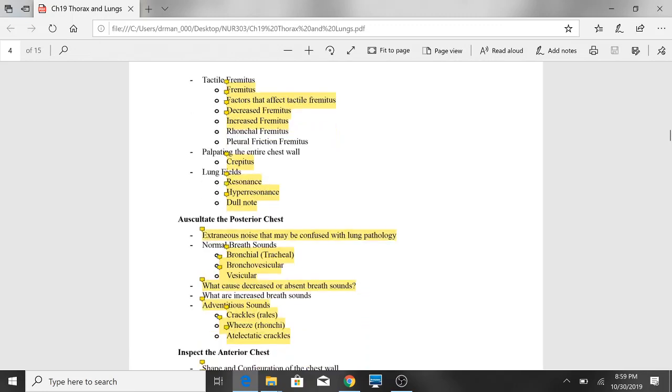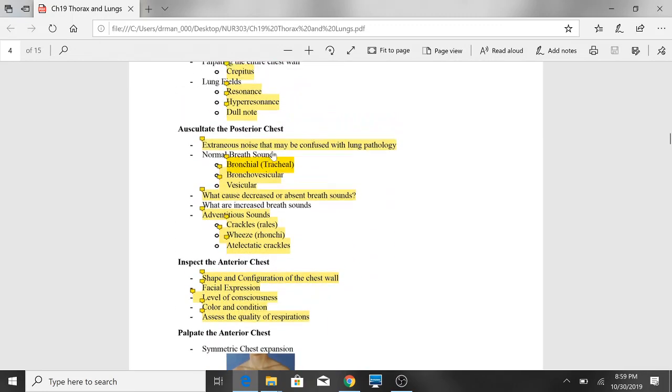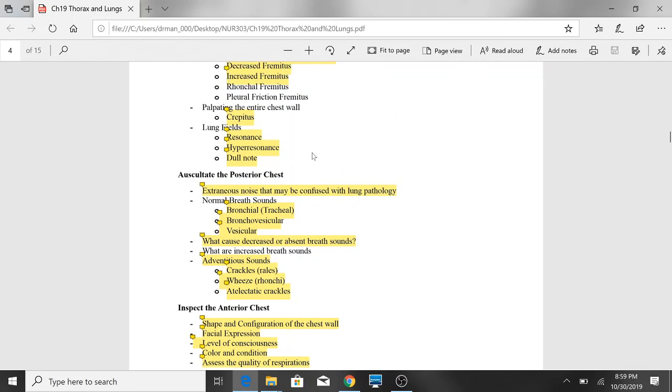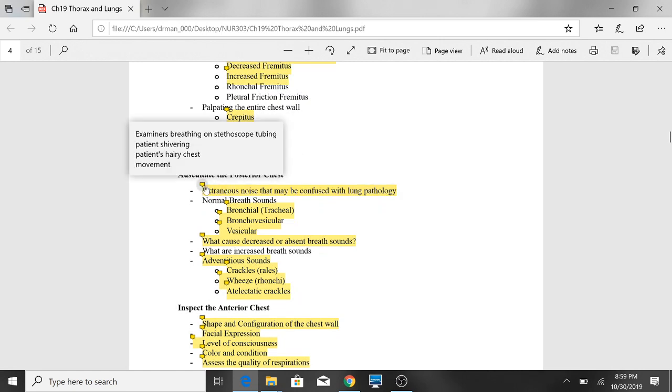Then we go to auscultating the posterior chest. Some extraneous noises may be confused with lung pathology, like the examiner's breathing on the stethoscope tubing, the patient shivering, a patient having a hairy chest, and movement.